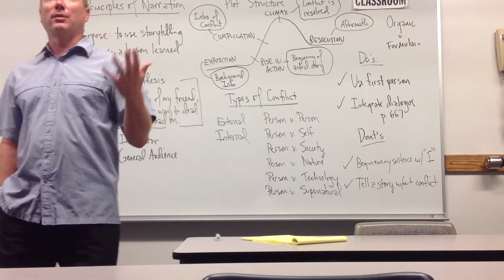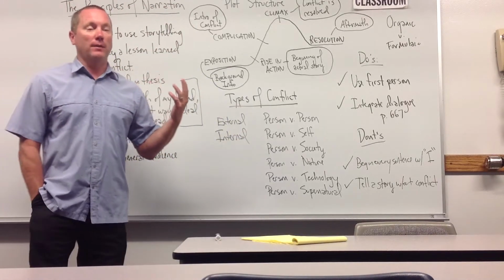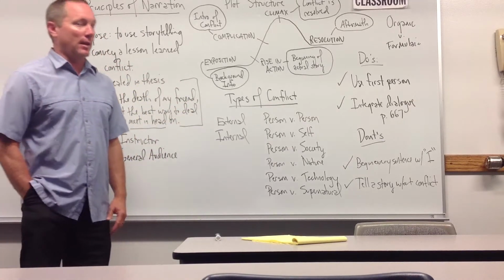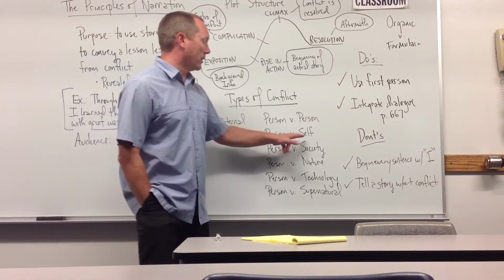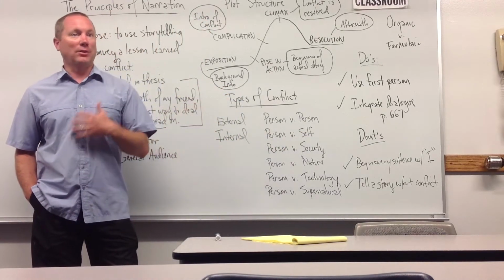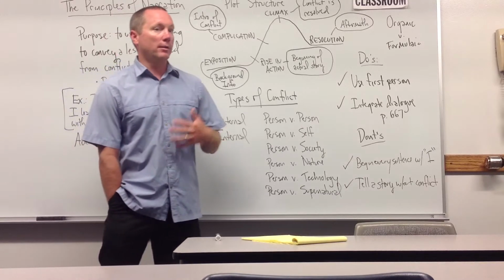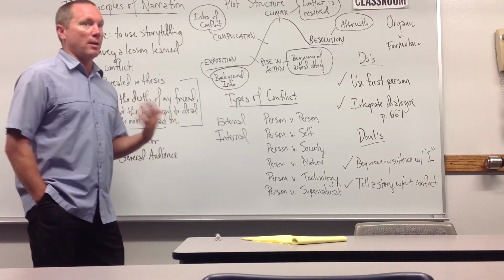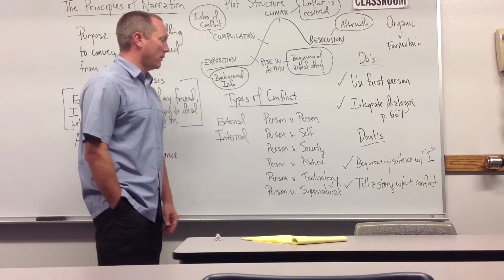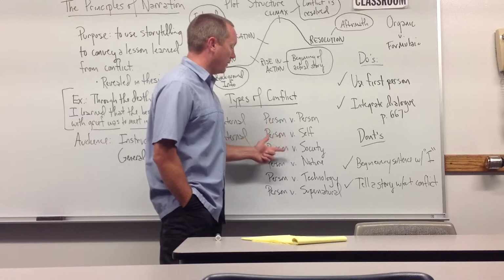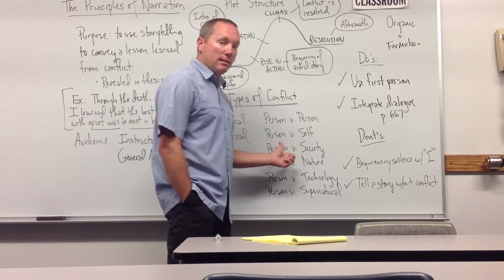Unless you operate on some level of confidence and or denial, it's unlikely that you never experience self-doubt or self-loathing, or just moments of uncertainty about what you're doing, whether or not you're making the right decision, and so on and so forth. But the list over here says person versus self, person versus society.